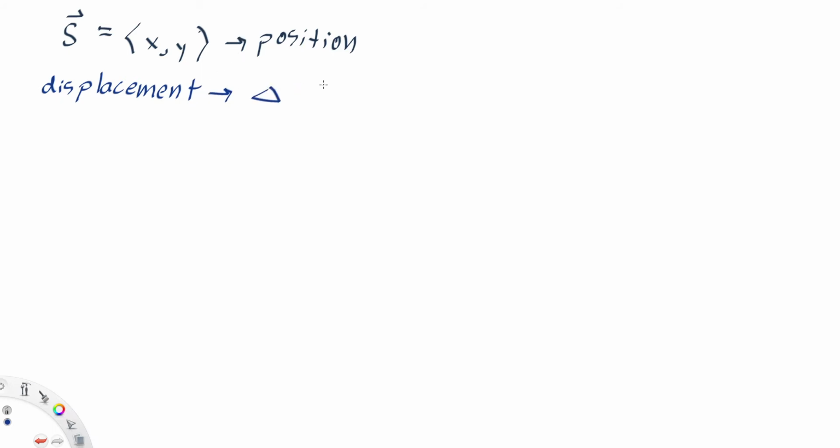And what we mean by displacement is the vector difference of where you ended up minus where you started. And if we remember a couple of pages back, if we want to add or subtract vectors, we just add or subtract their components.